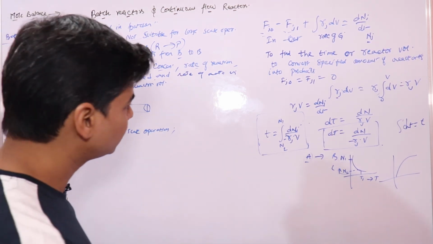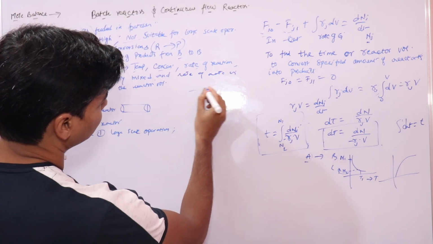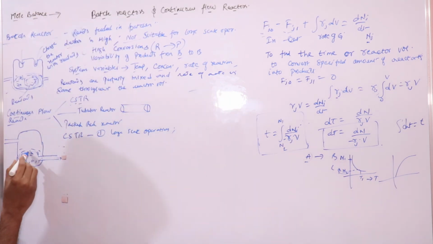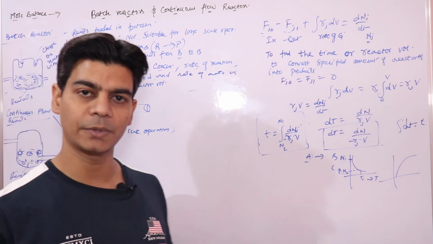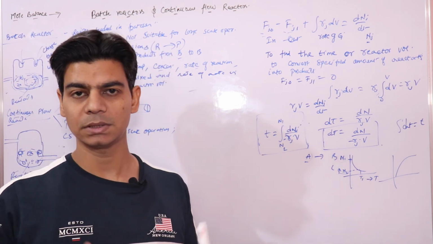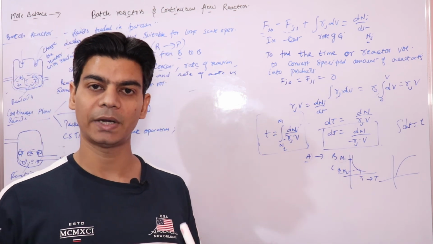If you remember, in the first lecture we studied that at different positions in the reactor we may have different rate of reaction, different temperature, different concentration. Why does that happen? Because the reaction mixture is not perfectly mixed.